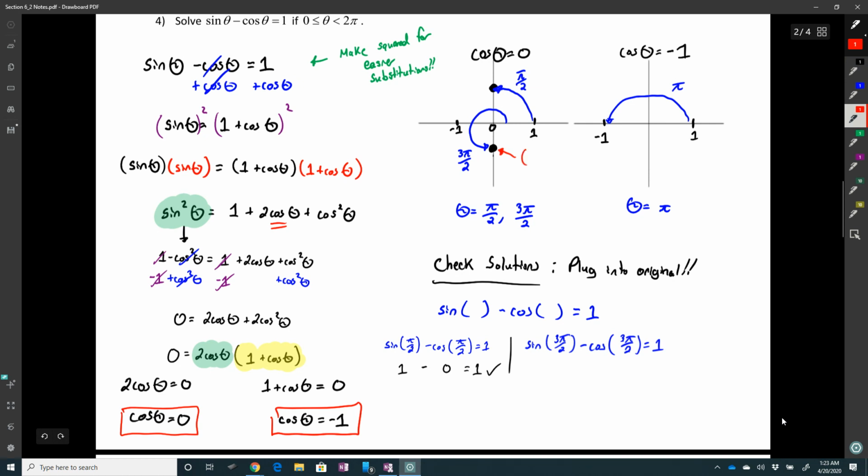This is the angle that gets 3 pi over 2, and the value is 0, -1. So the sine value is -1. The cosine value is 0. And notice that that does not work. You get -1 minus 0, and that's -1 equals 1. So this is not a solution. So that means that we have to toss 3 pi over 2. Sad days.